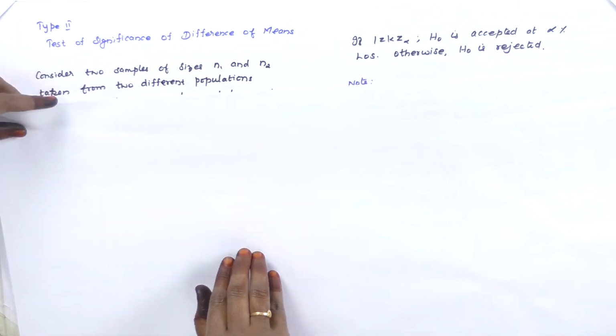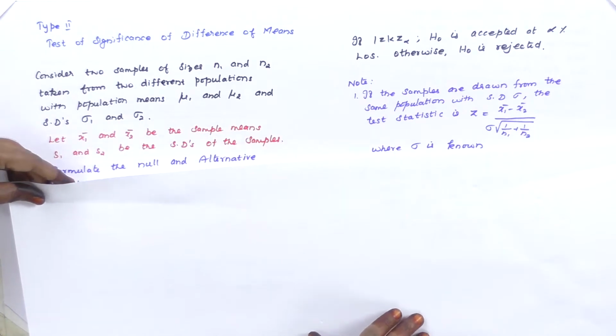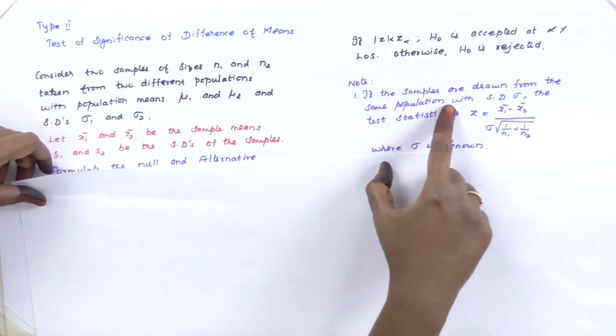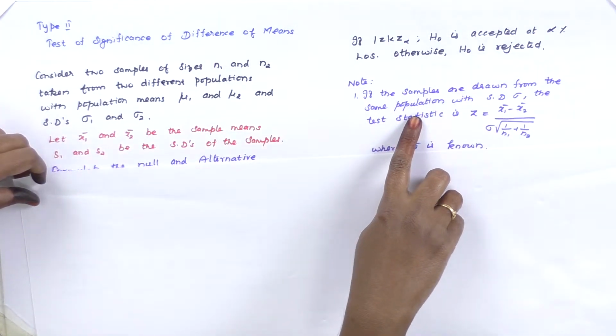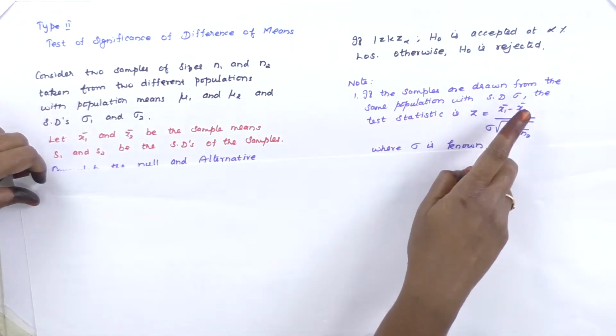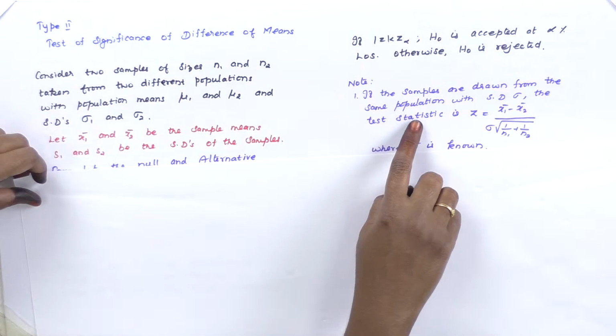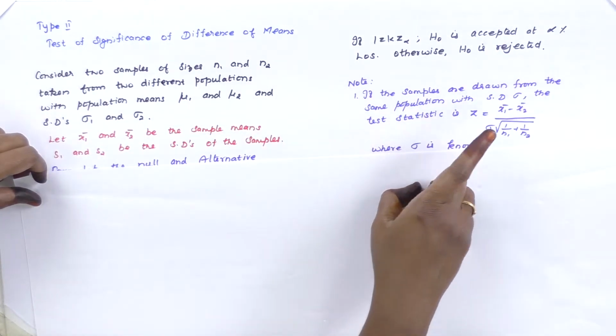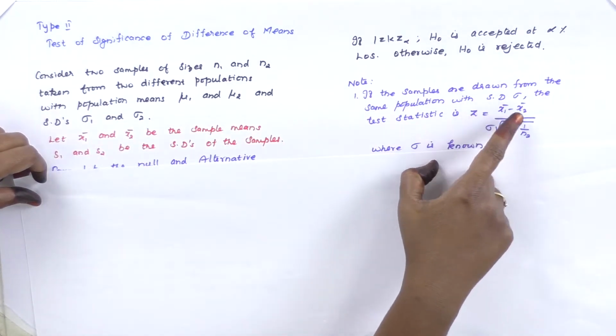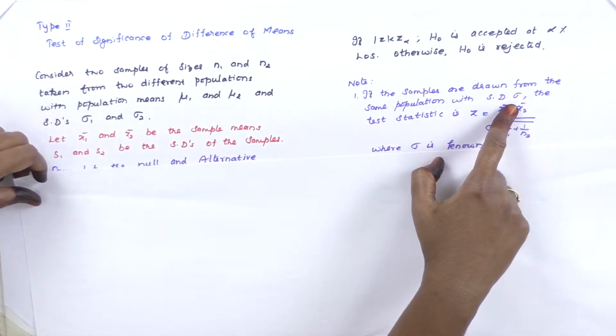Next, note, first point: if the samples are drawn from the same population with standard deviation sigma, we have to draw two samples from the same population. The corresponding standard deviation is denoted simply sigma.